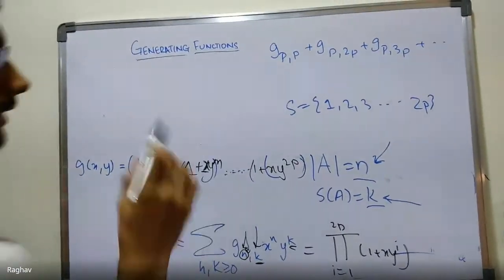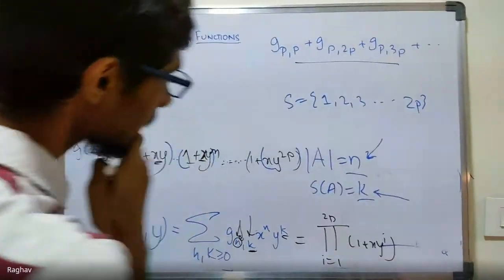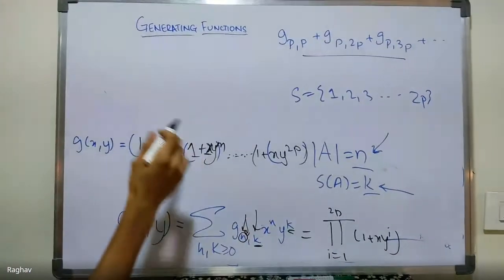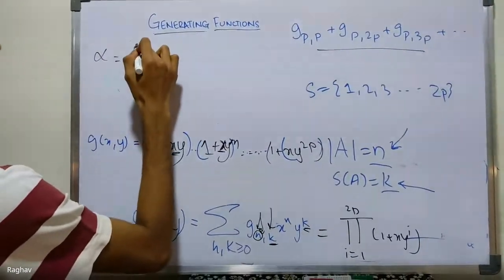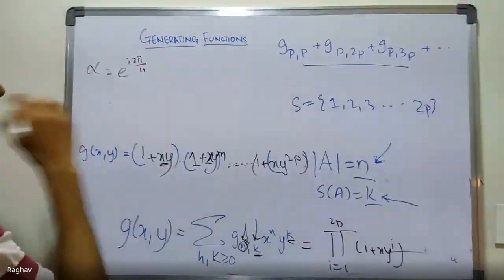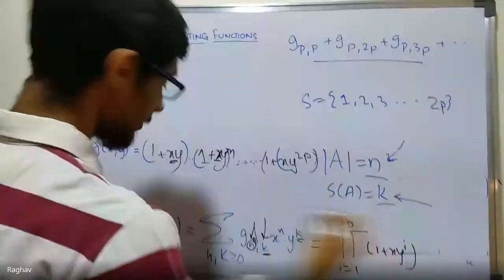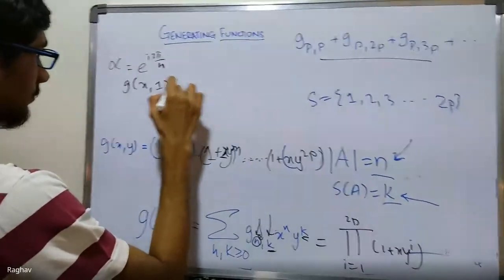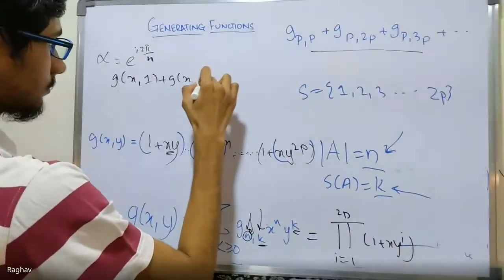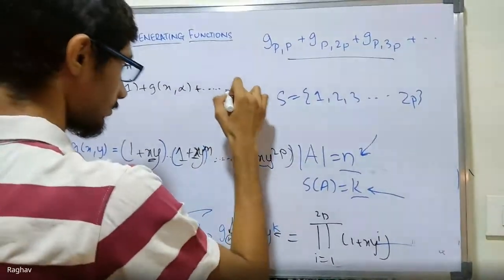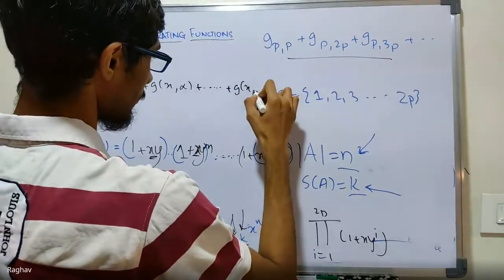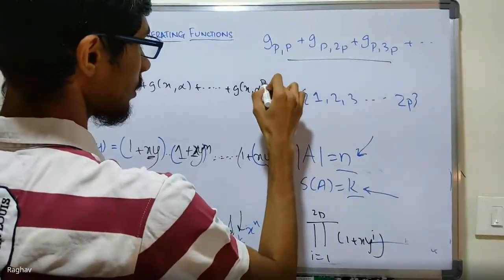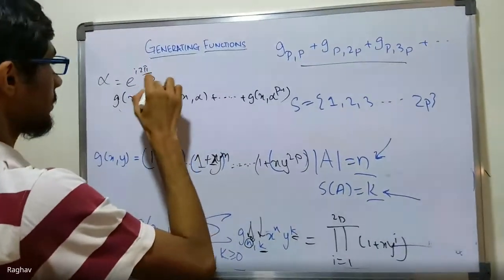So basically, the multiples of p are picked out if alpha is e to the 2 pi i over p.